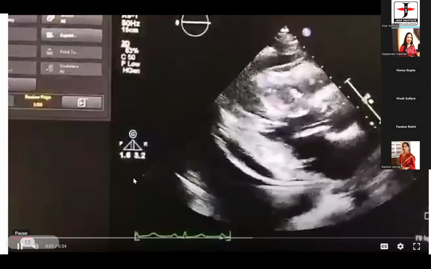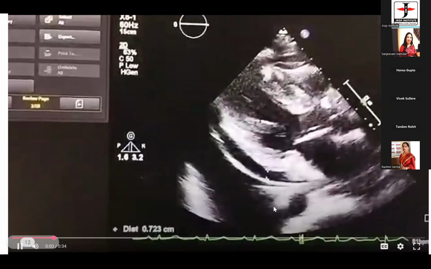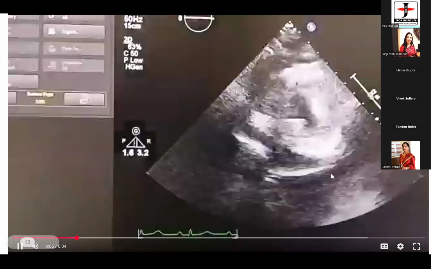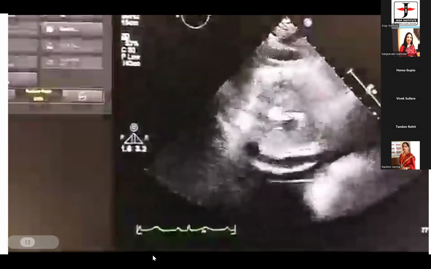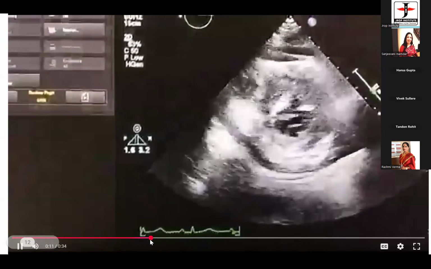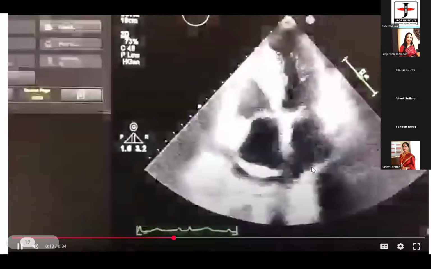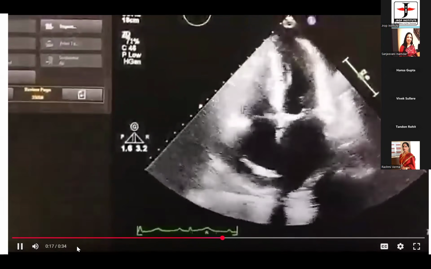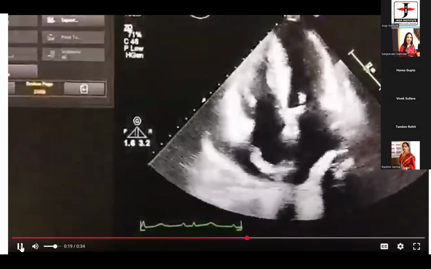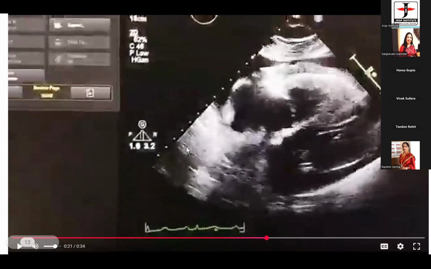She has gone too far forward. Go back. This running loop has, sir, subcostal four-chamber view. No, this is not the subcostal four-chamber view, this is the short axis view. No, it will come, sir. Okay, I will pause it. Yes, this one.